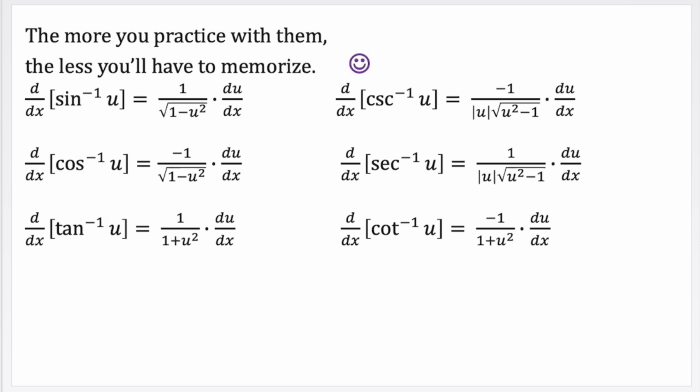Sometimes this value is just x, which means the derivative with respect to x would just be 1, so a lot of times you don't have to do this little piece right here, the du dx. But if there's a function inside of here, then you would leave the function inside as u, and then you would multiply by the derivative of that function.